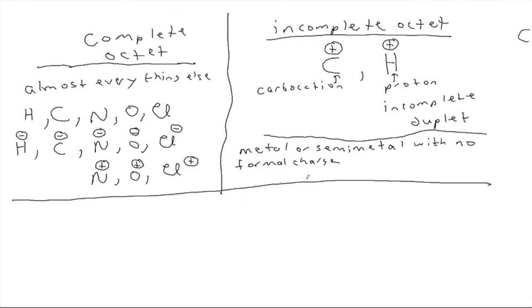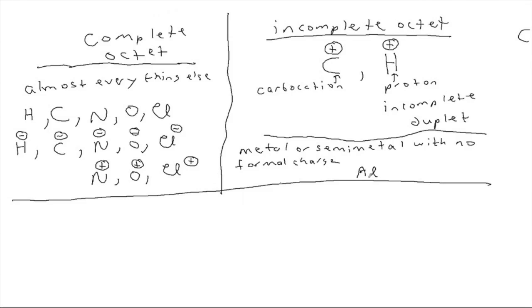For example, is aluminum a metal or a non-metal? Metal. You kind of know from common sense that aluminum is a metal. So neutral aluminum actually has an incomplete octet, even though it's neutral.